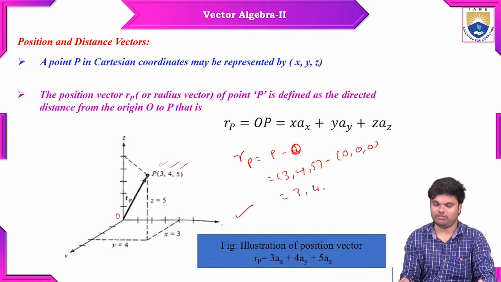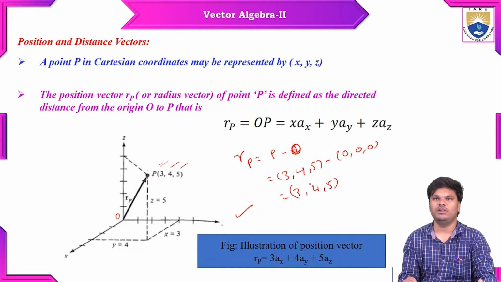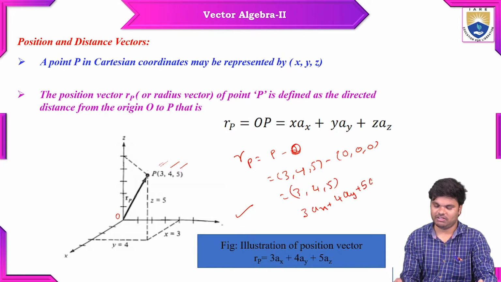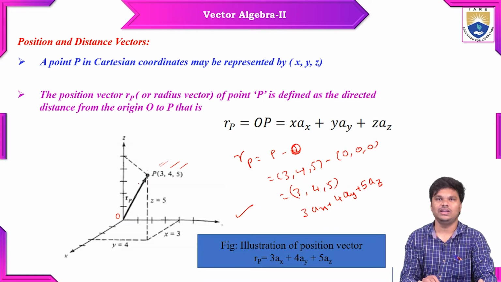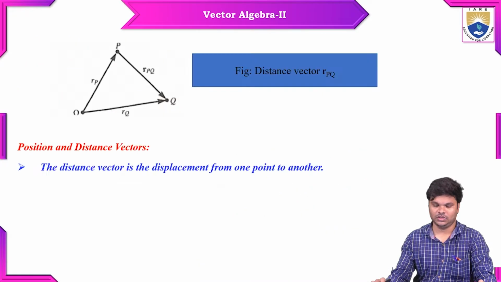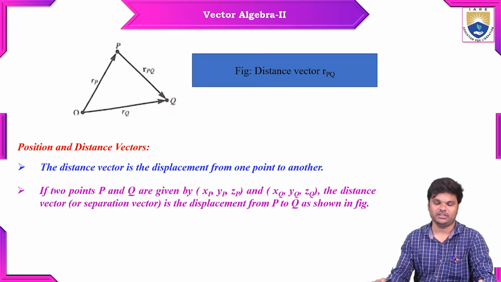So 3, 4, 5 is the position vector of this point, that means 3ax plus 4ay plus 5az. You can see this position vector is directed from the origin to the point. Right. Let's see the distance vector.